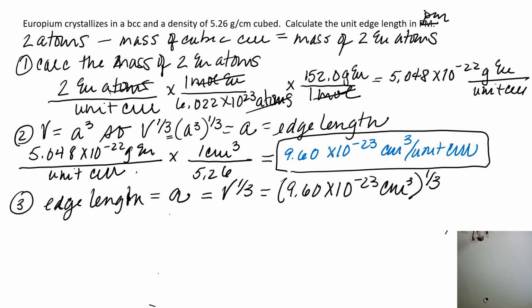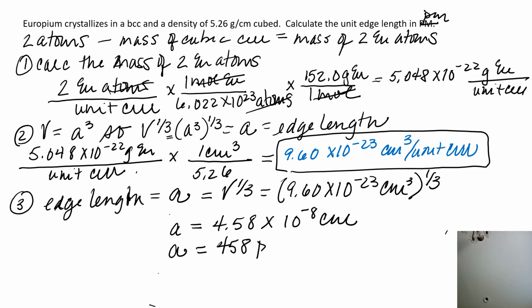And that will give us A. So A equals 4.58 times 10 to the negative 8 centimeters. Or converted to picometers, 458 picometers.